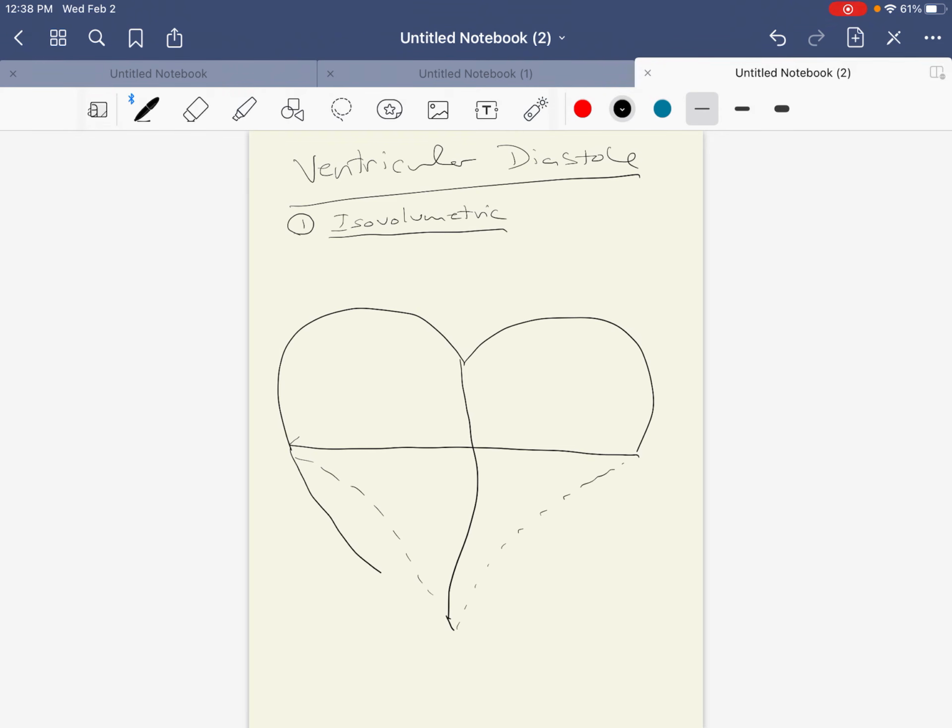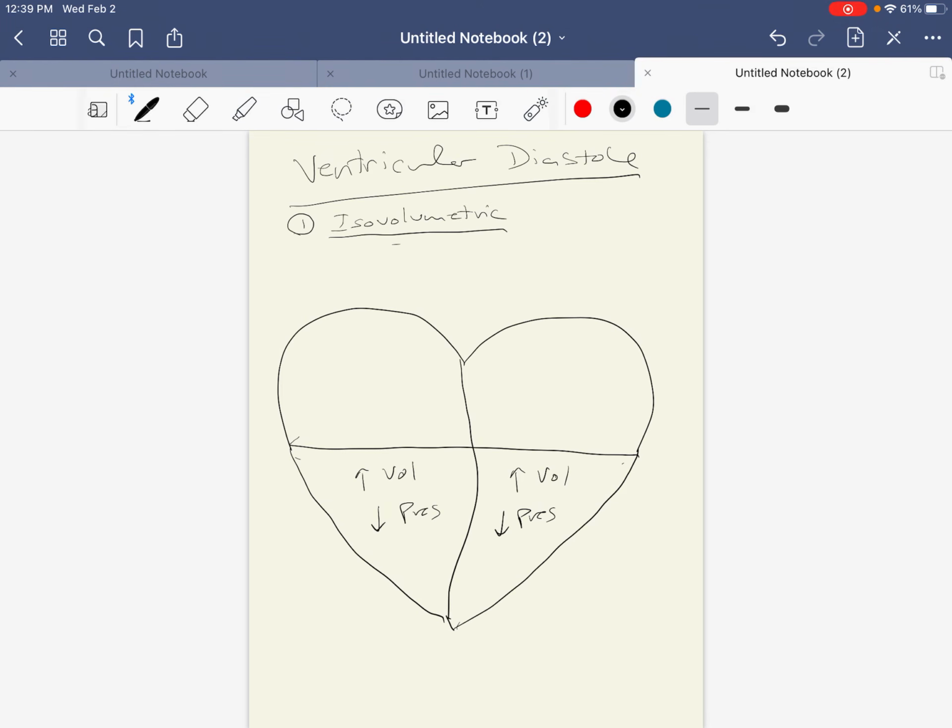At first, the ventricles relax back close to their original position, which means that we increase the volume. And when we increase the volume, we decrease the pressure. In doing so, we lose the pressure gradient between the ventricles and the pulmonary trunk and aorta, which means that the semilunar valves will now close.